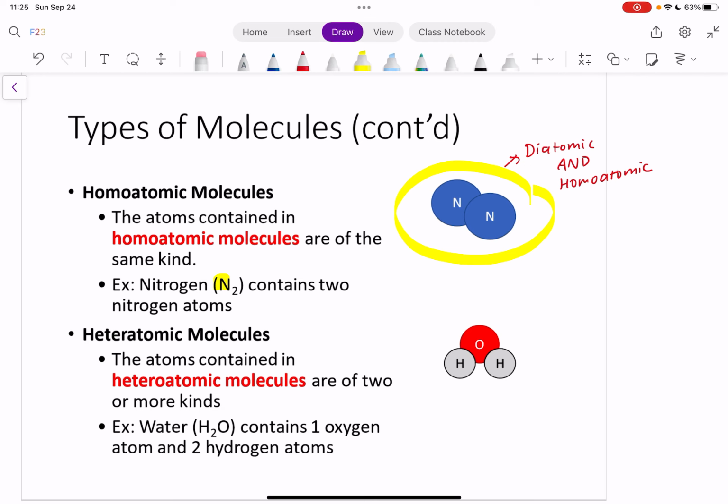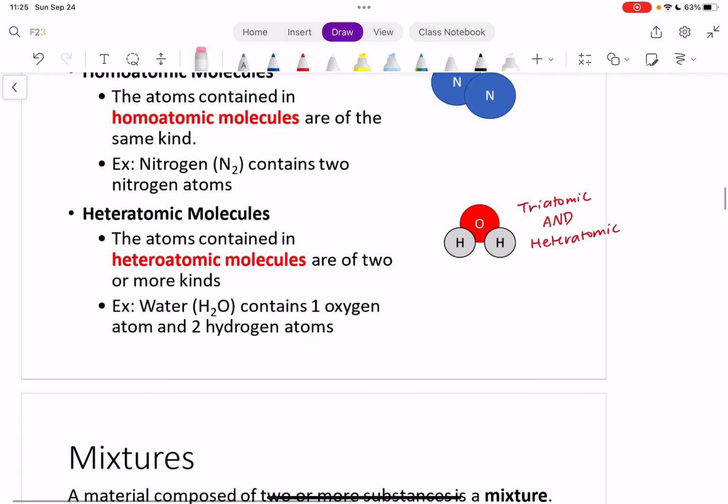So we could say that water is a triatomic molecule and heteroatomic. So it can be both, okay?